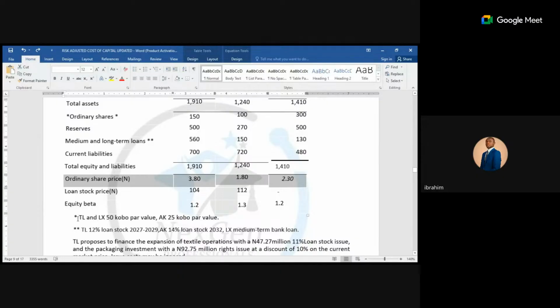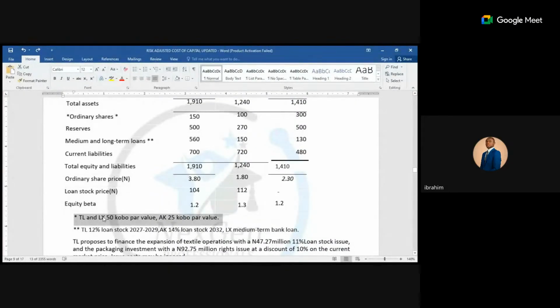Now, here you still have TL and LS at 50 kobo par value, AK at 25 kobo par value. Class, which one of these two is the market price and which one is the nominal price?